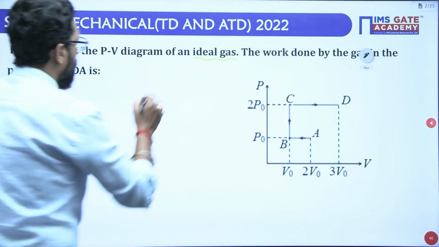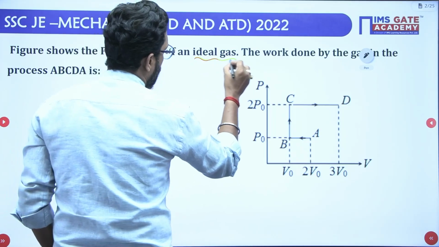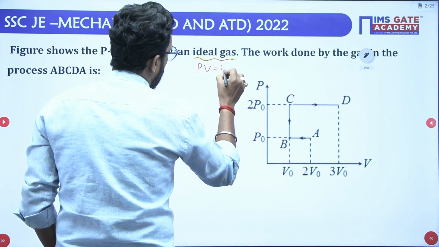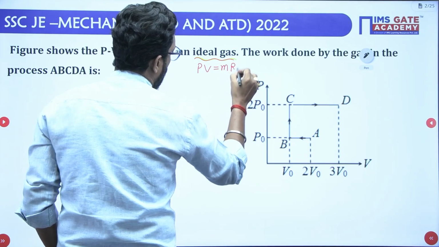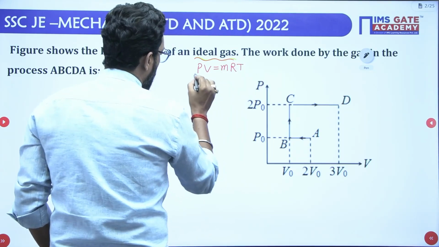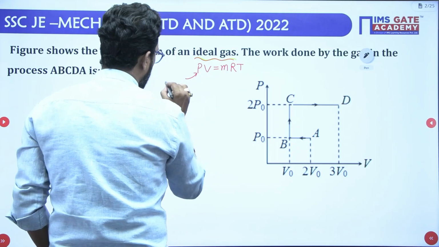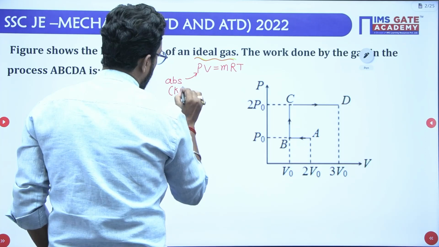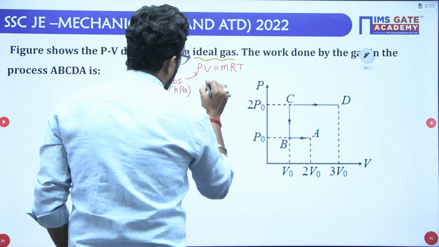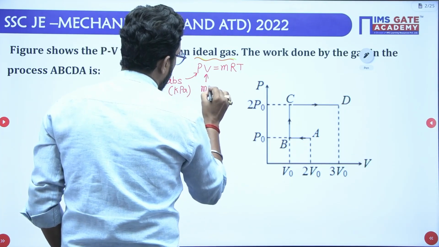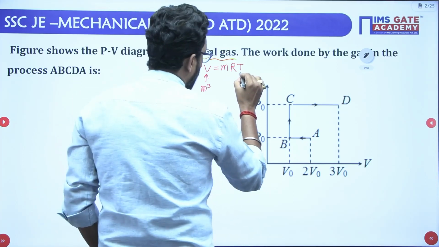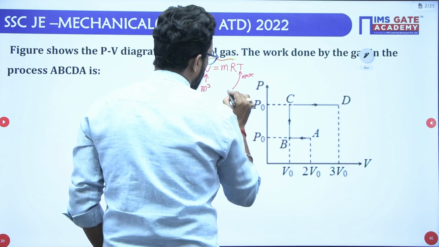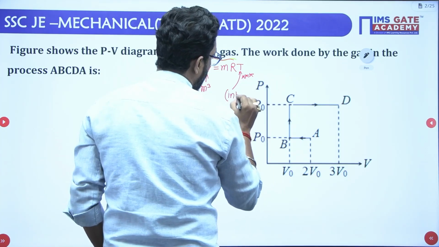This is the equation of state of an ideal gas: pressure into volume is equal to mass of the gas, R gas constant, into T. And mind it, pressure is always absolute pressure, generally in kilopascal, and volume is in meter cube. And T, which is very important, students get confused sometimes, this T is always in Kelvin, okay?